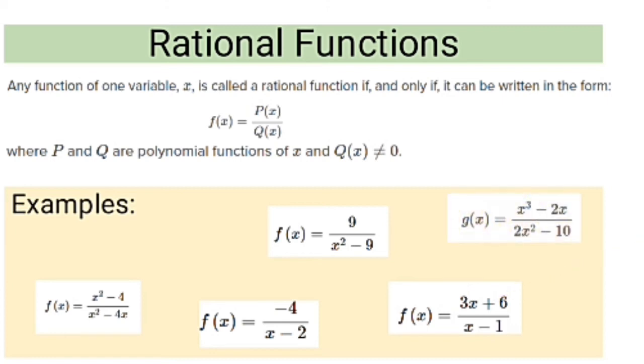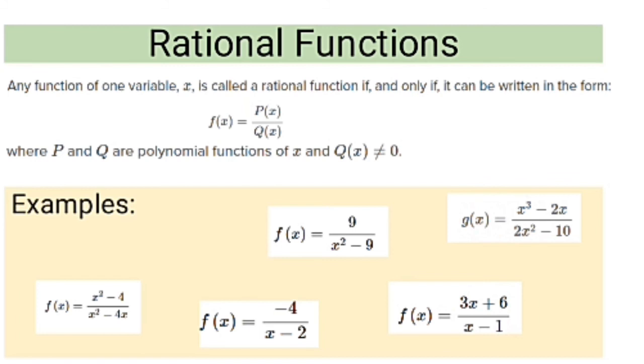Then the last example is g(x) equal to (x cubed - 2x)/(2x squared - 10). The denominator is 2x squared minus 10.